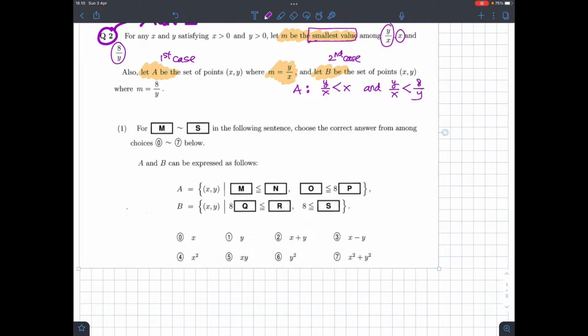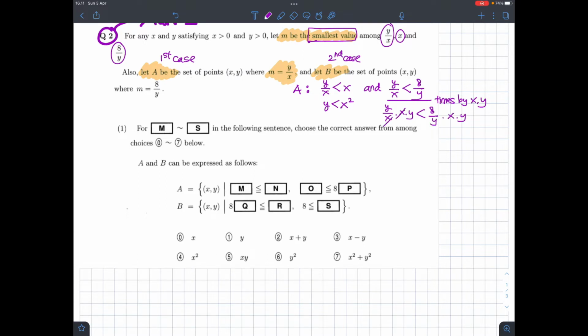From this, because x and y are positive integers, we multiply x on both sides. We get y less than x squared. And also here we multiply both sides by xy. So y over x times xy and 8 over y times xy.